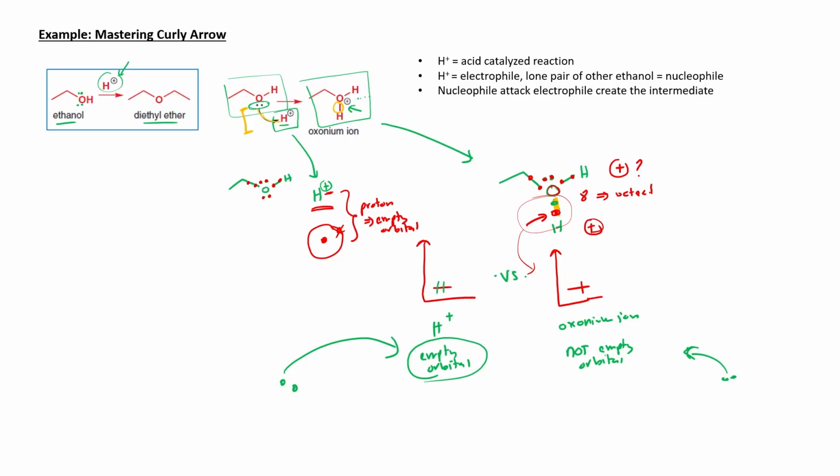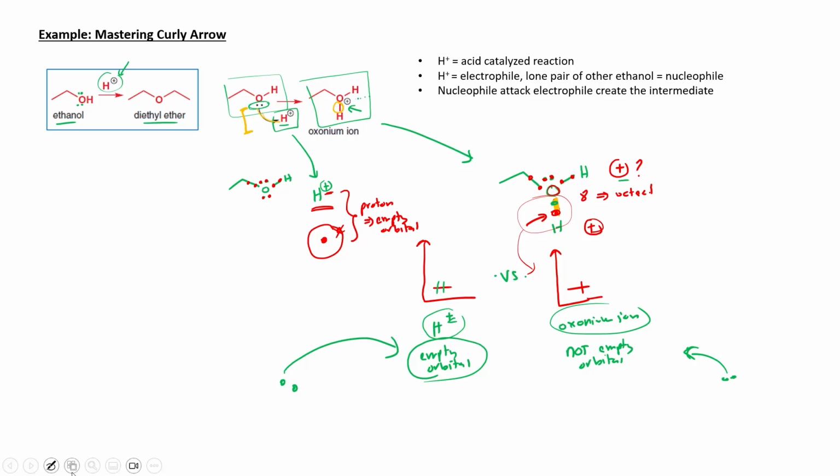So just to show that for H plus and the oxonium ion, the positive charge there doesn't mean the same thing. For the proton it is an empty orbital, for the oxonium it is not an empty orbital.